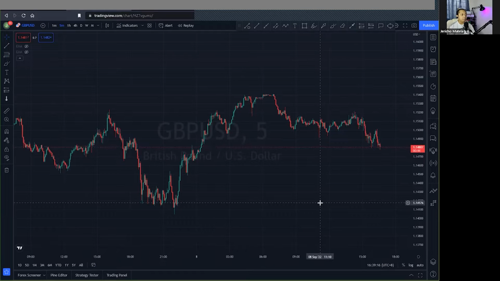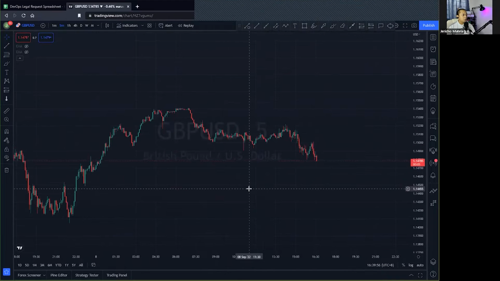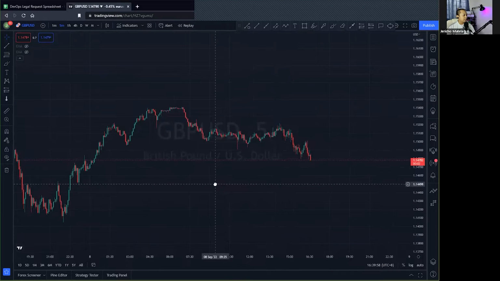Mas malinis siya. Hindi rin siya masyadong noisy. So if we need the price to move to a certain direction, mas kampante ako na ire-respect niya yung mga zones or yung mga levels instead of giving me a lot of noise in the market which might hit my stop loss.